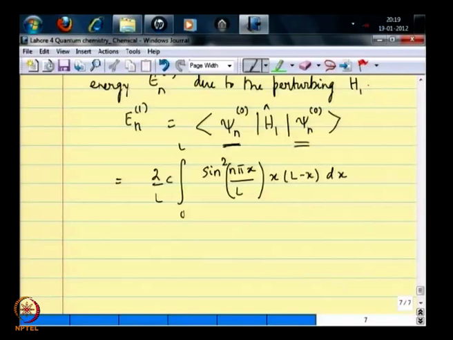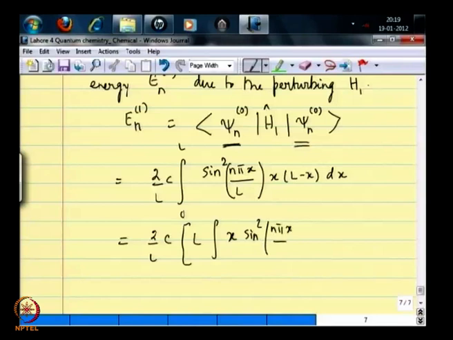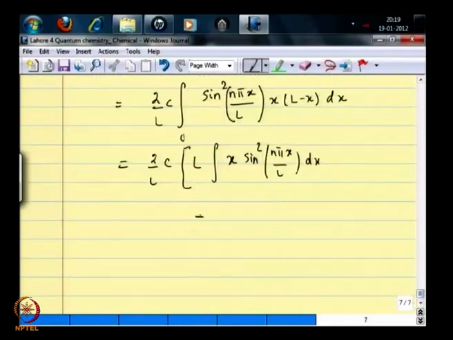The correction is maybe one step. I will just write down 2 by L C, which is just to expand this, L integral x sine squared n pi x by L dx minus integral 0 to L, x square sine square n pi x by L dx.